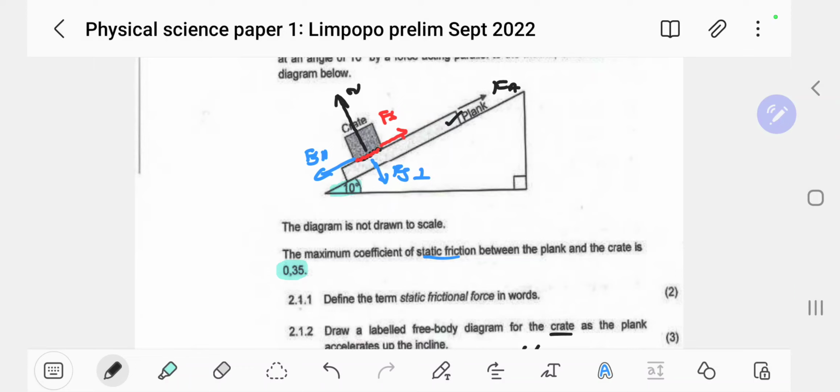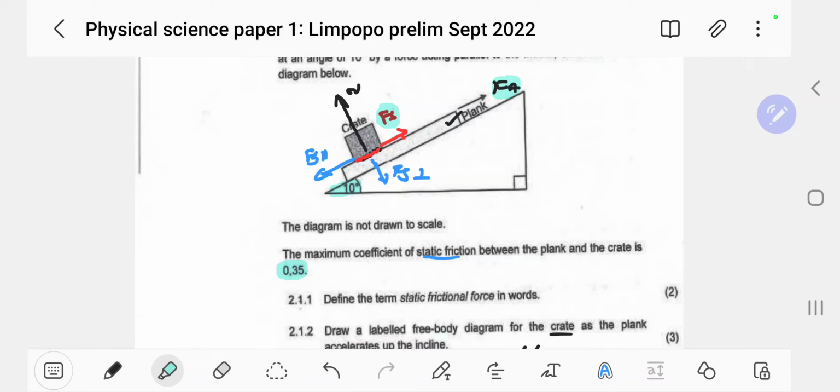Well, we know for a fact that for this crate to be able to hold on to this plank, this static frictional force must not be overcome by this force, because if this force overcomes this one, then the crate will start falling off, right? So basically we are to have a situation where our Fs is literally our Fa.